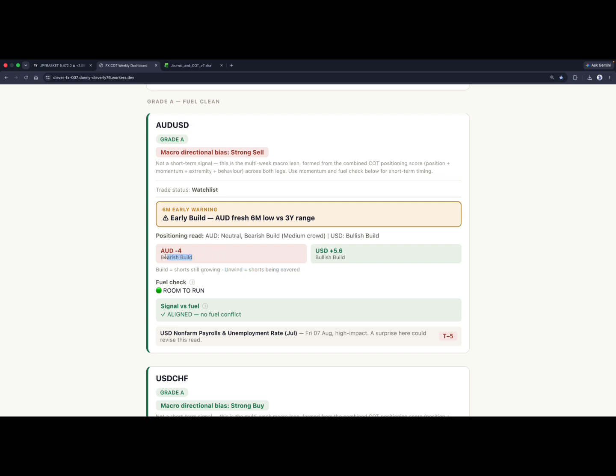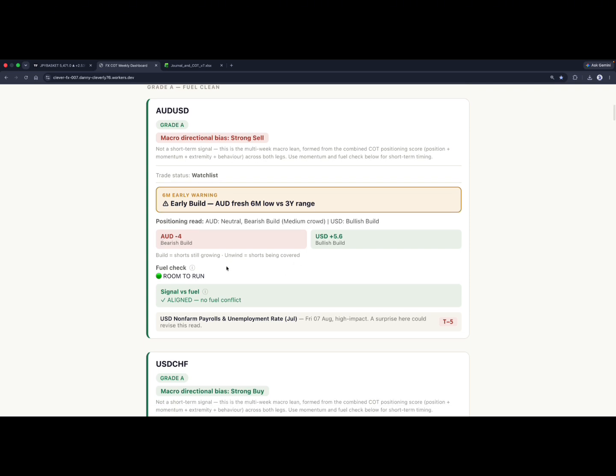But at the moment, this is in a bearish build, shorts are still growing, US dollar in a bullish build, and then that's obviously longs are still growing because it's just the simple opposite, a bearish build and a bullish build, obviously. Okay, then we get the fuel check.